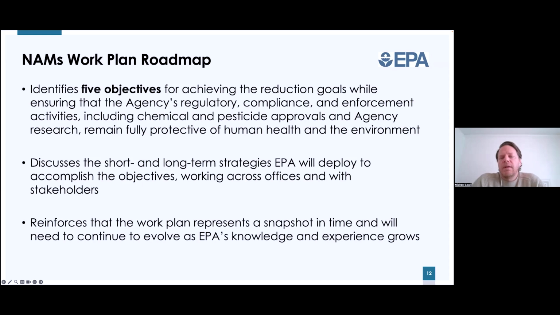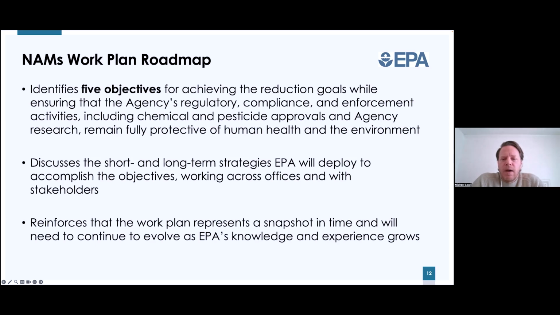The NAMs work plan identifies 5 objectives for achieving the reduction goals while ensuring that the agency's regulatory compliance and enforcement activities, including chemical and pesticide approvals and agency research, remain fully protective of human health and the environment. One of the useful aspects of the document is that it lays out strategy, deliverables, and timelines for accomplishing the objectives.